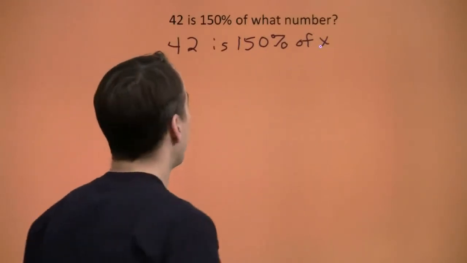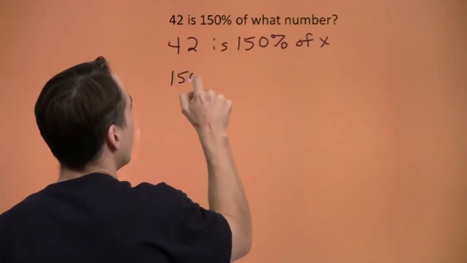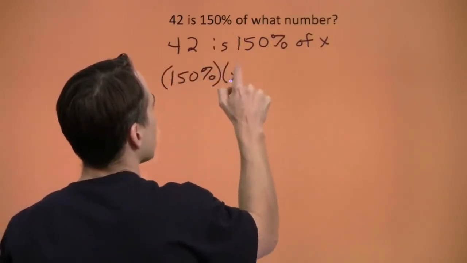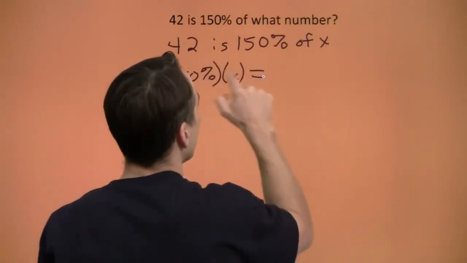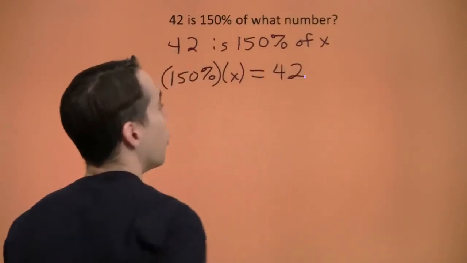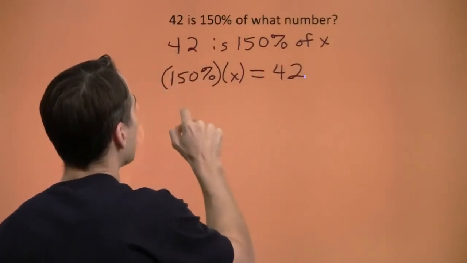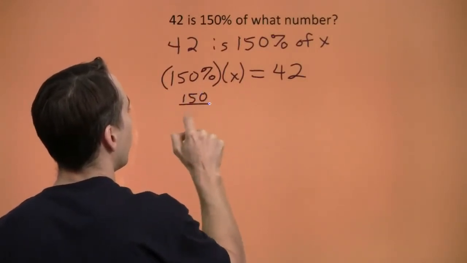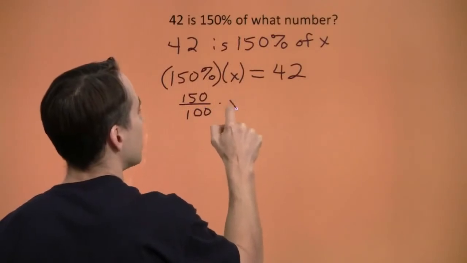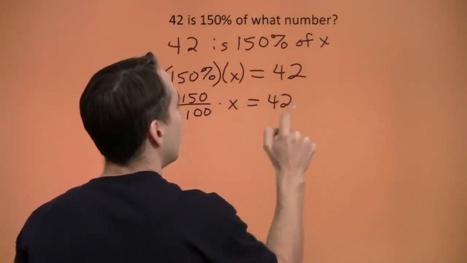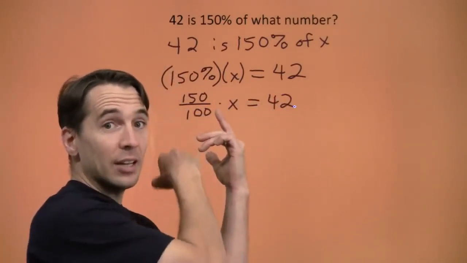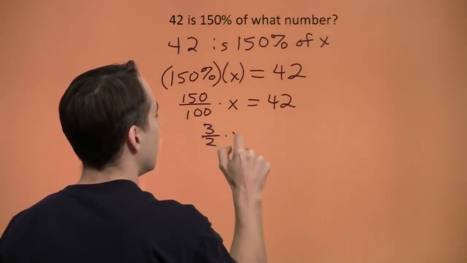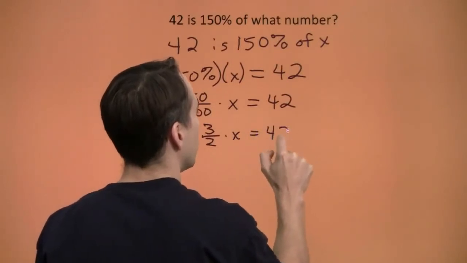So 150% times x equals 42. 150%, we can write that as a fraction, as 150 over 100 times x is 42. We'll simplify that fraction a bit first. Take out the common factor of 50, and we'll have 3/2 times x is 42.